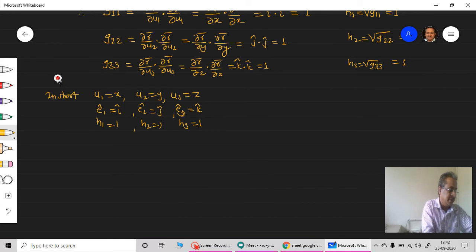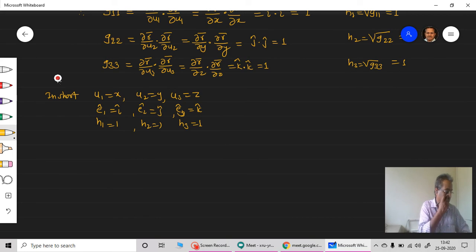So let's begin with this. You have to write first what is the length element, what is the surface element, and then finally what is the gradient, divergence, curl, etc. That can be done as follows.